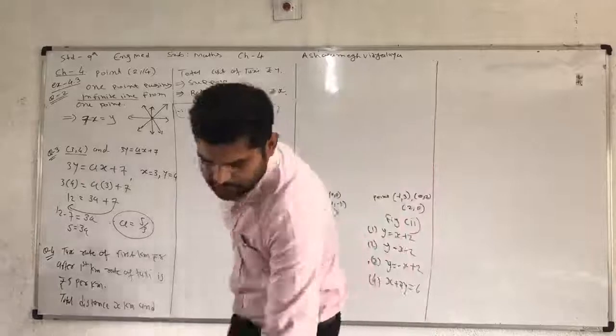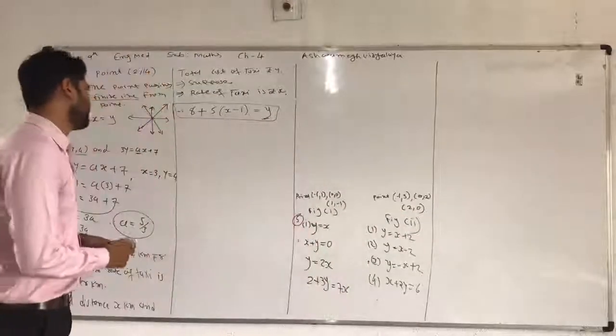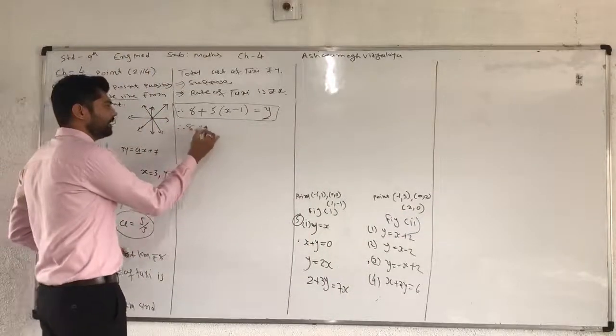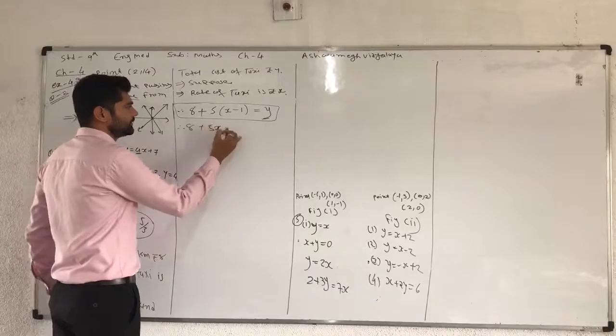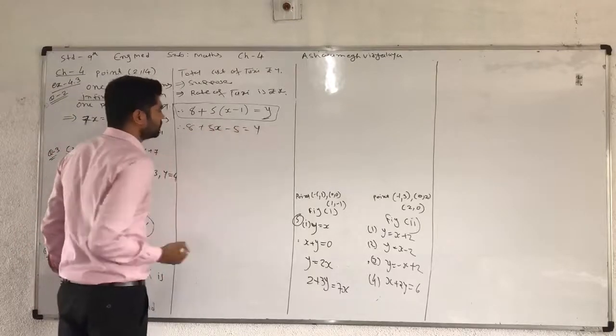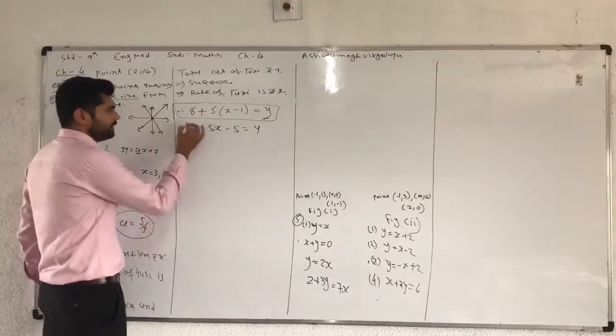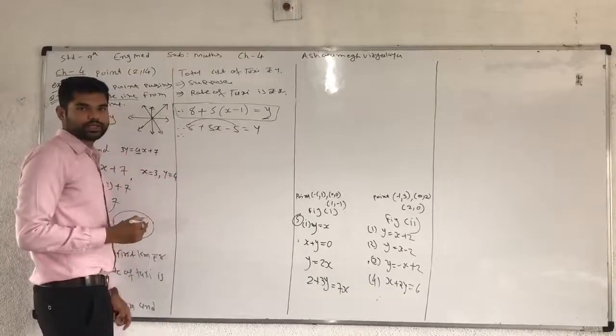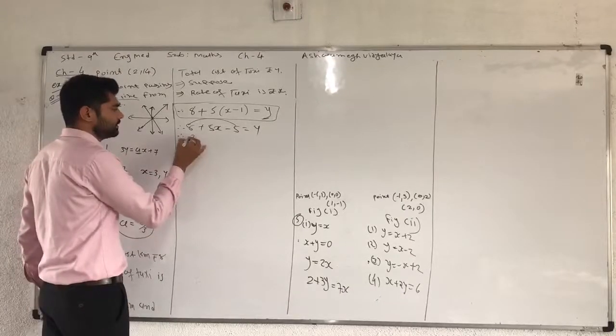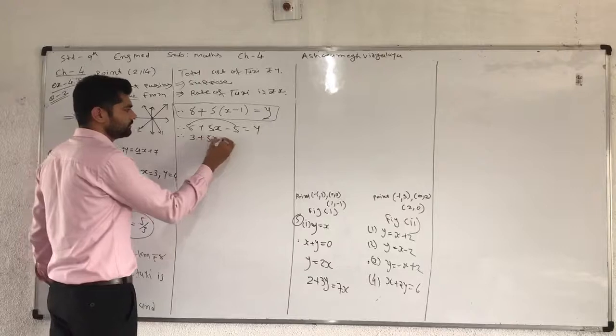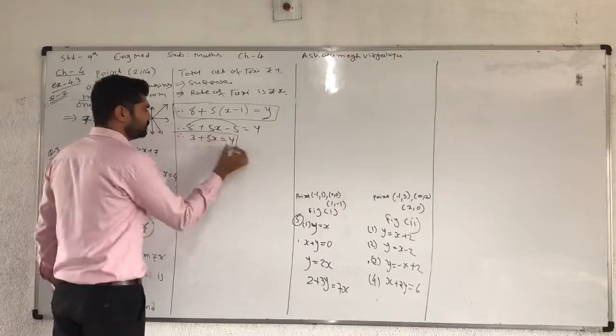Now on cross multiplication, the bracket is opened: y equal to 8 plus 5x minus 5. 8 minus 5, the answer is 3, plus 5x, so y equal to 3 plus 5x.